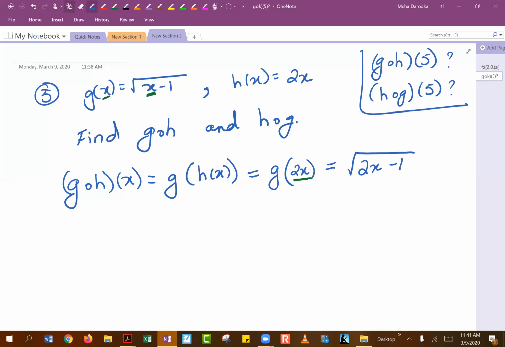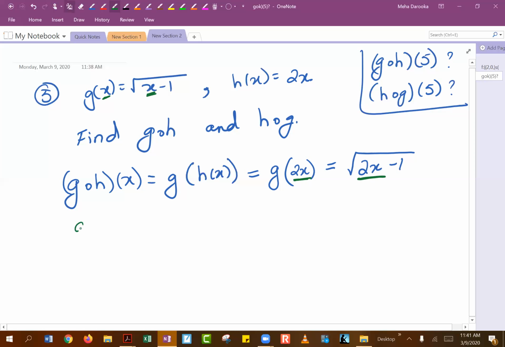So instead of H, replace it by the equation itself, which is 2X. So now we're saying G at 2X. In the G function, wherever you have an X, that has now been replaced by 2X. And then the 5 will replace the X.